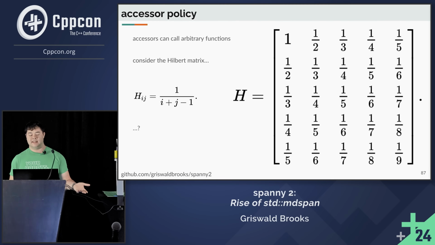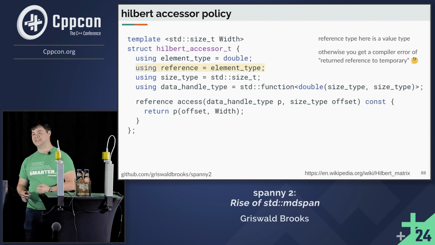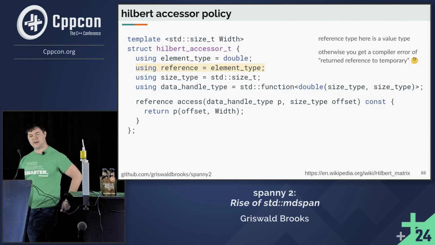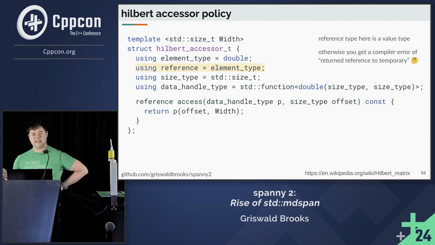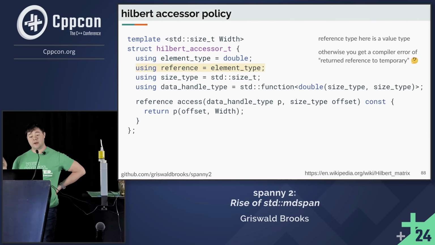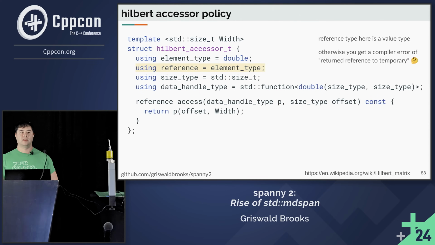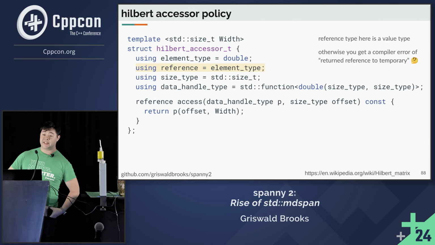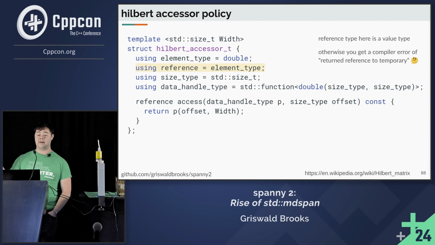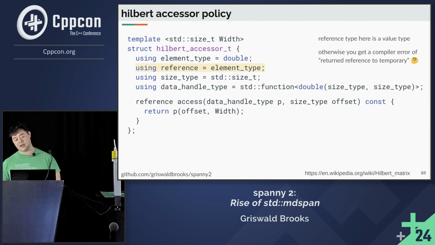Well, we already know the indices, and so we can write our own Hilbert accessor. Yay! Note here the reference type doesn't seem to be a reference type. It's just the value type. If you tried to put a reference type here, you'd actually get a compilation error called return reference to temporary. For the data handle type here, instead of it having anything to do with double, I put a std::function there just for the lulz.